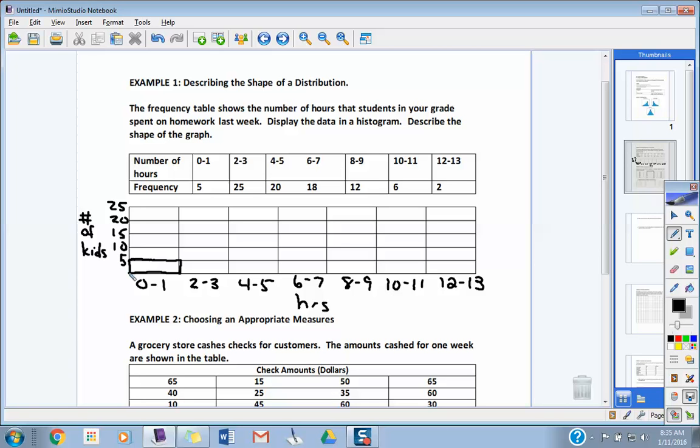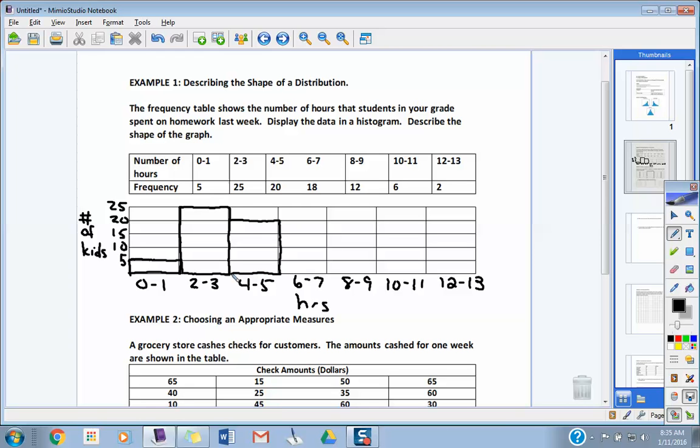All right, 25. So this column right here, there were 25 kids that worked 2 to 3 hours of homework last week. Okay. How many were in the 4 to 5 range? 20. So 20 is right here. Here's that bar.